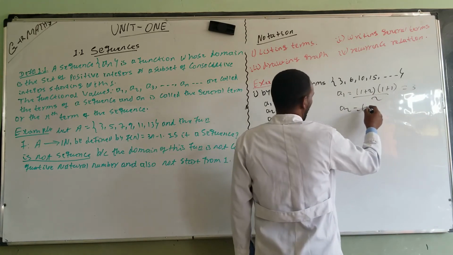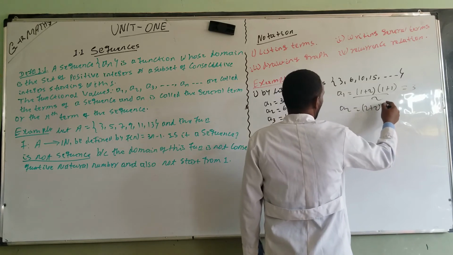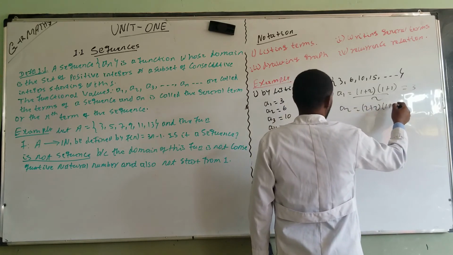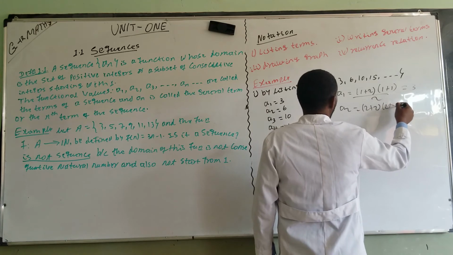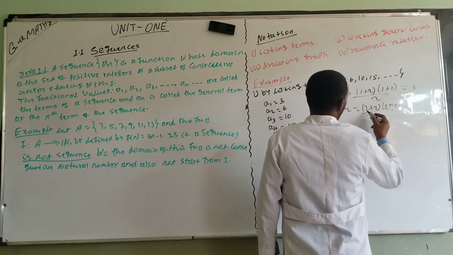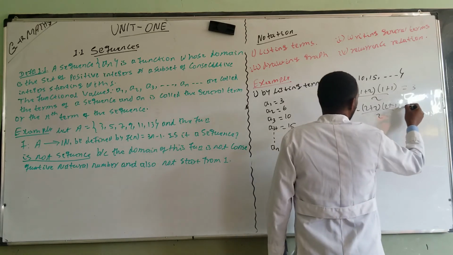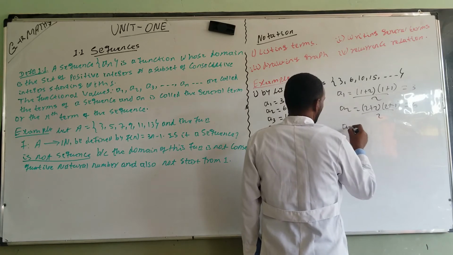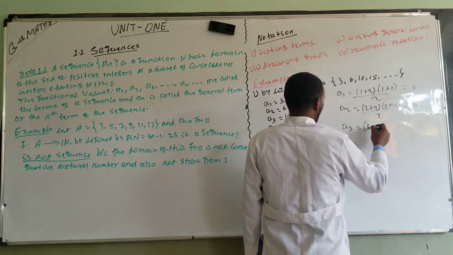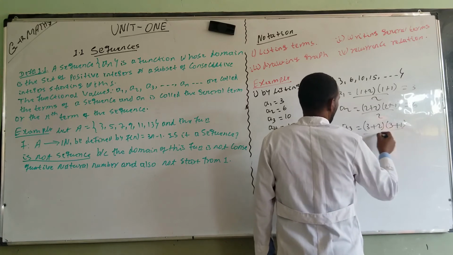For A2, substituting 2: 2 plus 2 times 2 plus 1, divided by 2. This gives 4, and 4 times 3 over 2 is 6. Then for A3, we find 3 plus 2 times 3 plus 1, divided by 2.